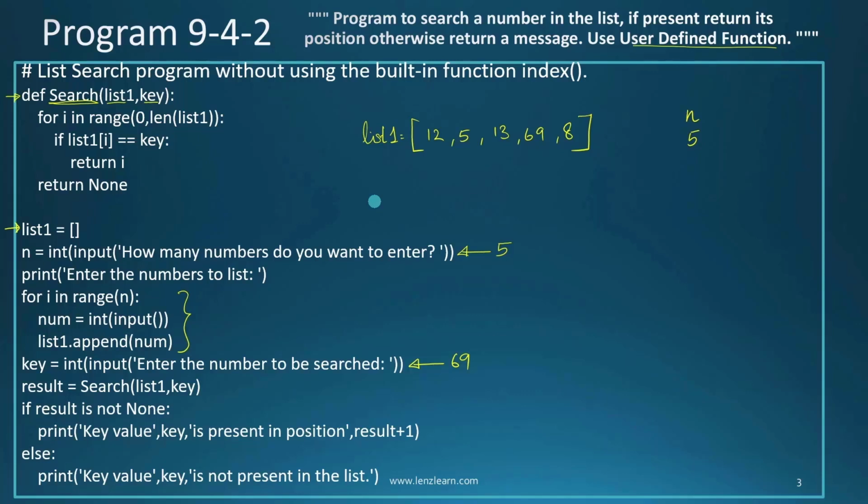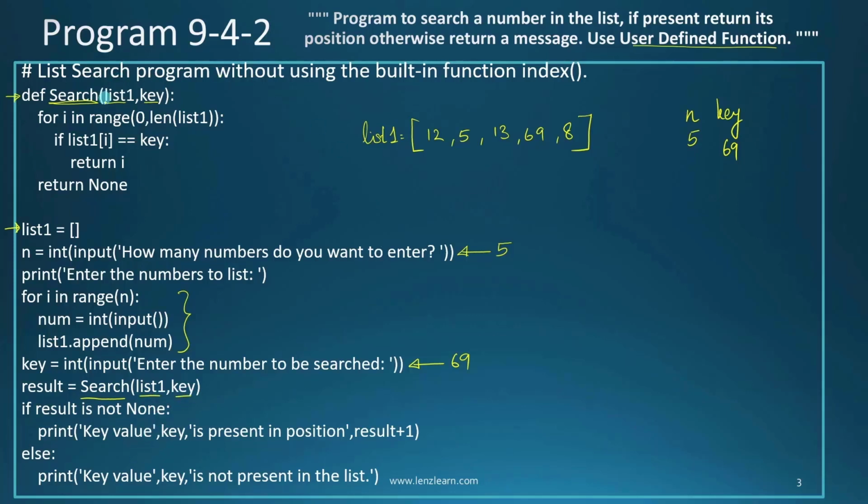If 69 is not available, then I will get a message saying that 69 is not present inside the list. But now we have selected 69 because we know that it is available inside the list, so we are expecting the position value. So now 69 will be stored into variable key, and after that I'm calling my function search with list1 and key.